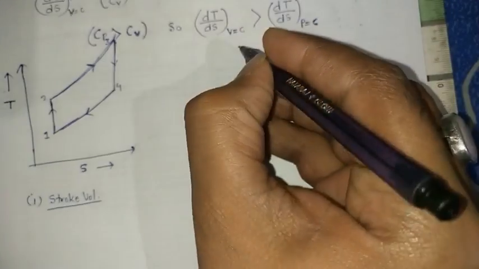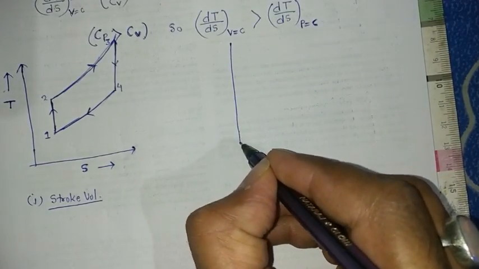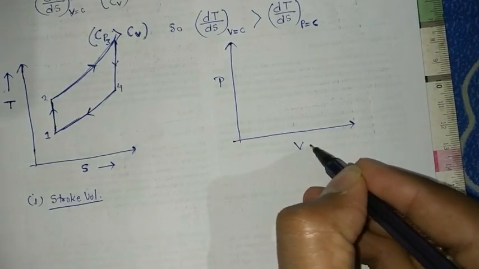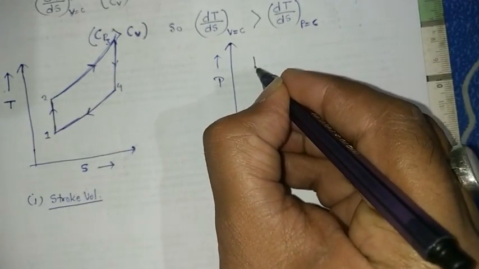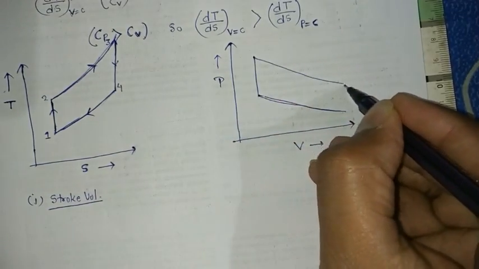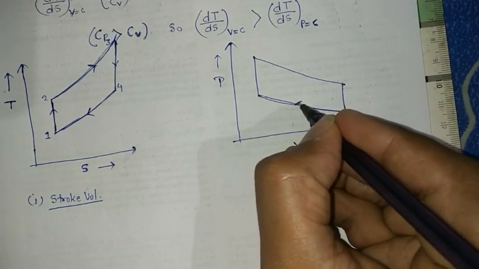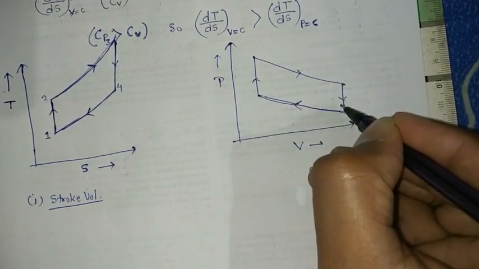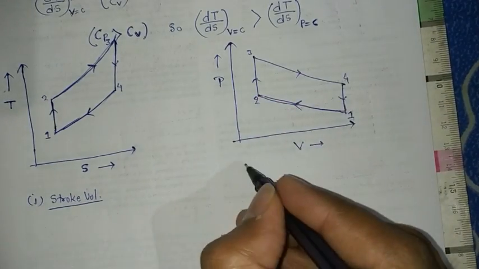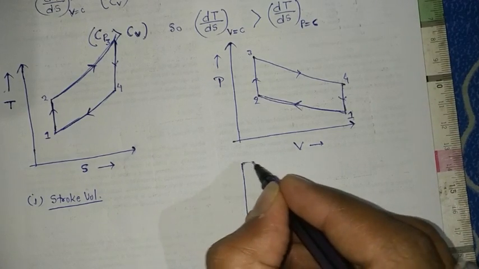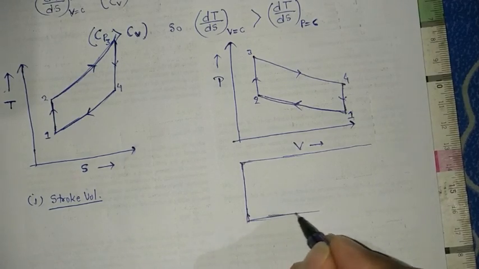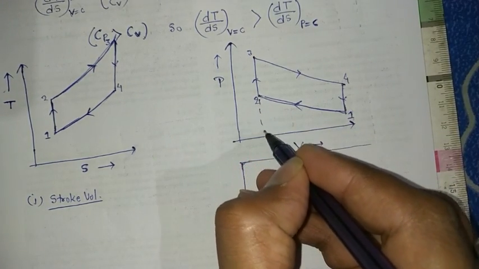Before that, let me draw here again the PV diagram of the Otto cycle, points 3 and 4, and I will draw one piston cylinder assembly.